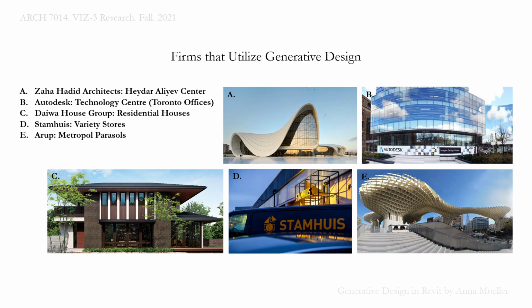It's the Technology Center. Essentially, this is the first office building to utilize generative design to the scale that they did. It's about 60,000 square feet over 3 stories, so it's pretty large, and they really had a lot of people help work on it with them.